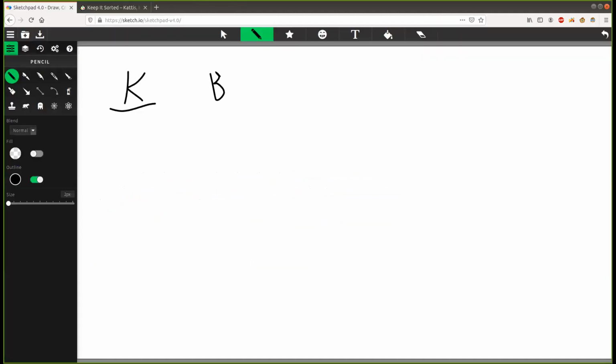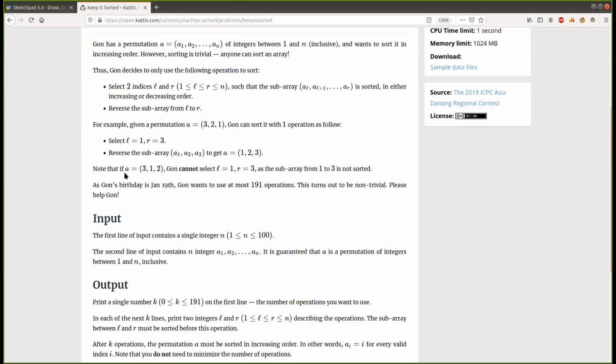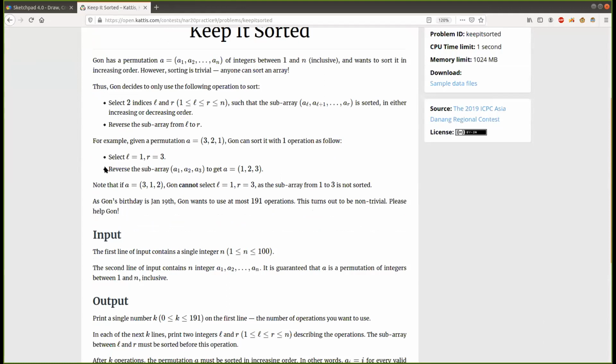So we definitely know that there's bubble sort, which can always sort an array by swapping adjacent values. And swapping adjacent values is always allowed here, because it just has to be increasing or decreasing.